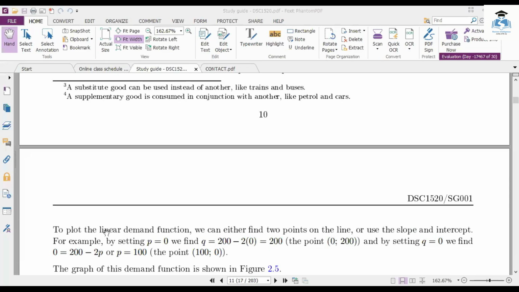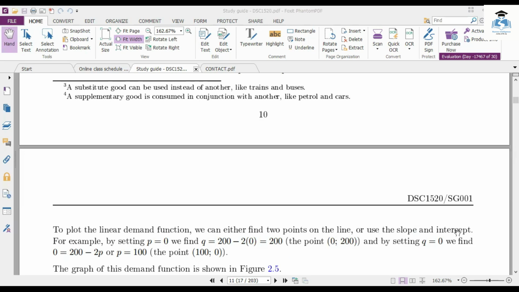Now, to plot the linear demand function, we can either find two points on the line or use the slope and intercept, for example, by setting P equals 0. That's what we were doing when we were plotting the graphs, okay? So we will then find Q equals 200. That will be the first point, 0 and 200.